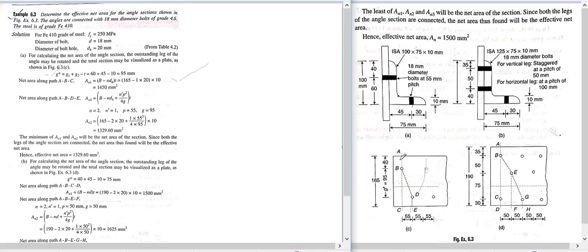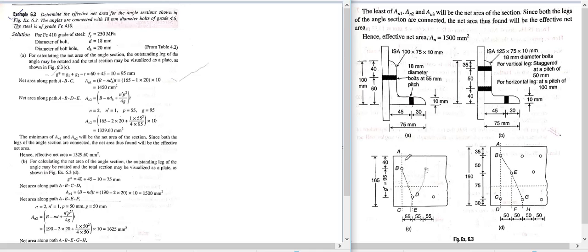For the third case, you can find the area from this point to this bolt, and from this to this, like this. It will be the same as ABDE because the alignment is the same in both cases, so you don't need to find that. The minimum of these two paths will give you the net section.